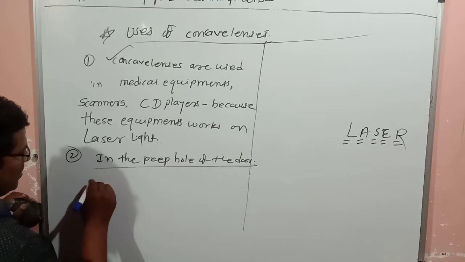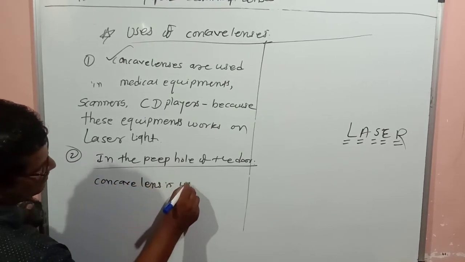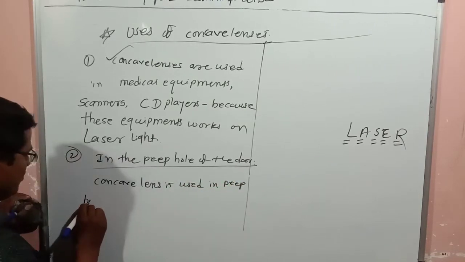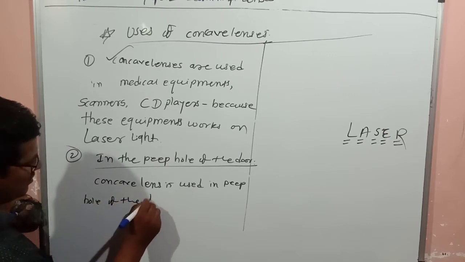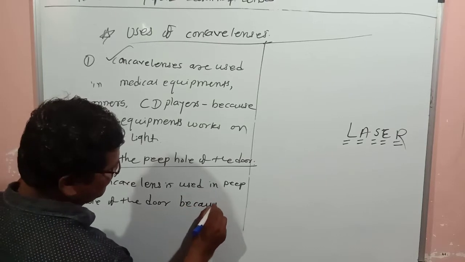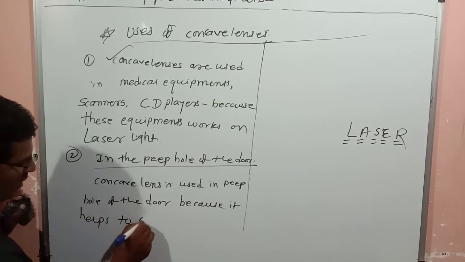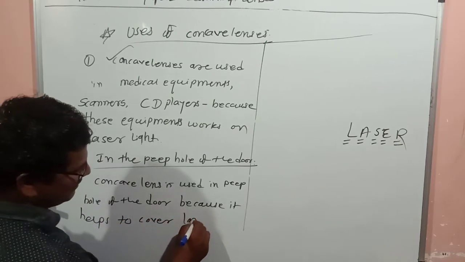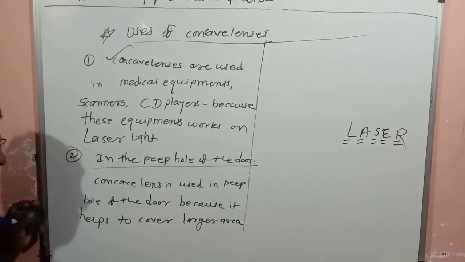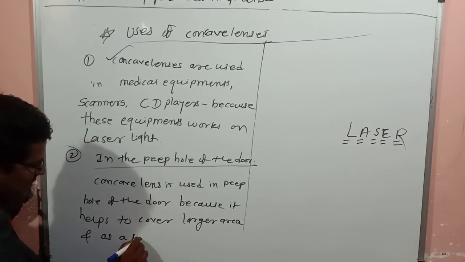Concave lens is used in the peephole of the door because it helps to cover a larger area and as a safety device.